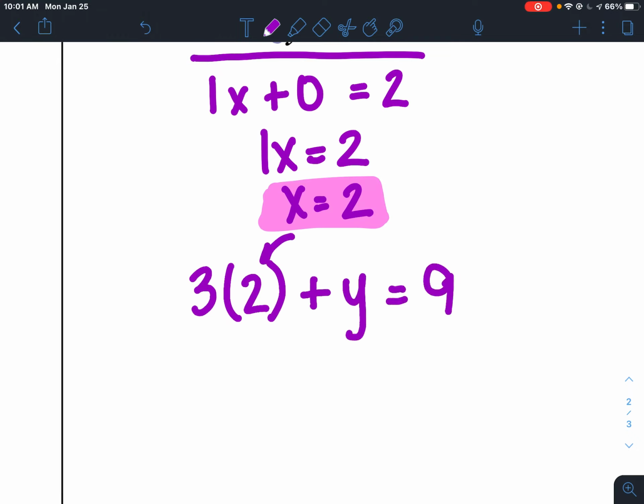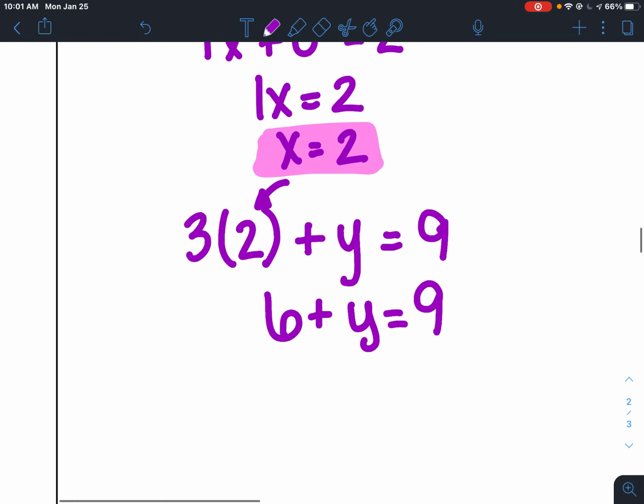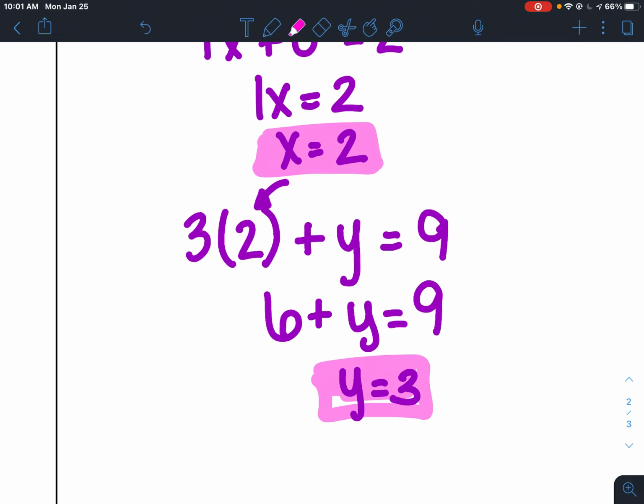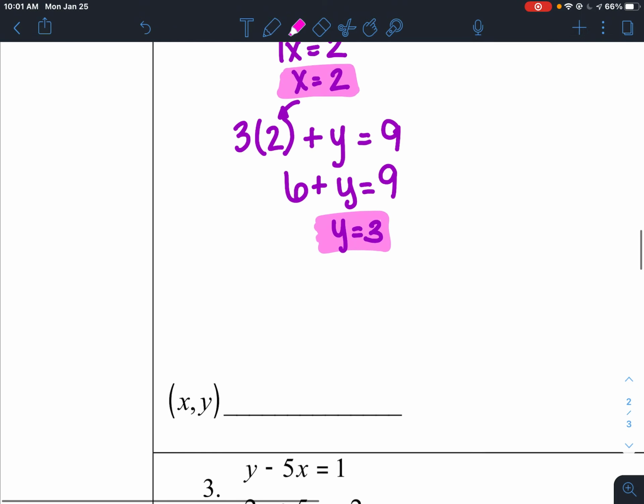So we plugged that 2 in for x. And we'll solve for y. So 6 plus y equals 9. If we subtract 6 from both sides, y would equal 3. And I'll highlight that so it sticks out nicely for us. And our solution is always an x comma a y. So we have 2 comma 3.